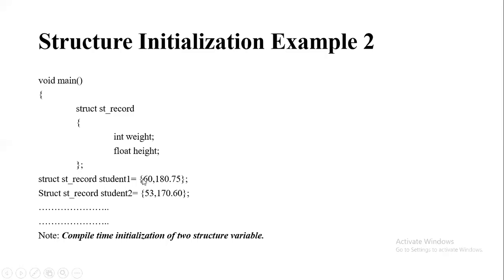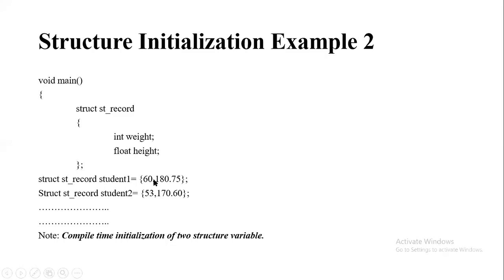That means the weight of the first student is 60, height is 180.75. Then student2, this is small s, that is a typo. Student2 weight is 53, height is 170.60. Like this, we may declare any number of students.